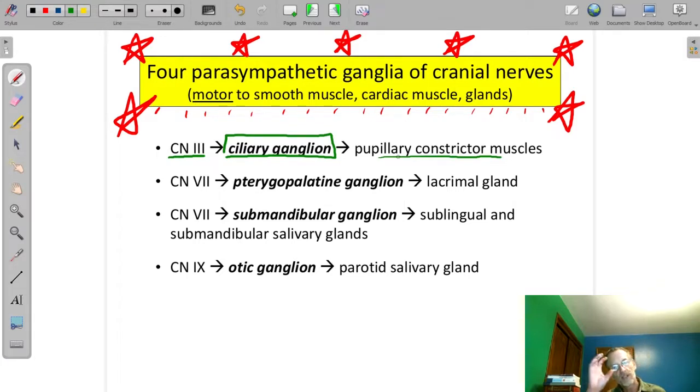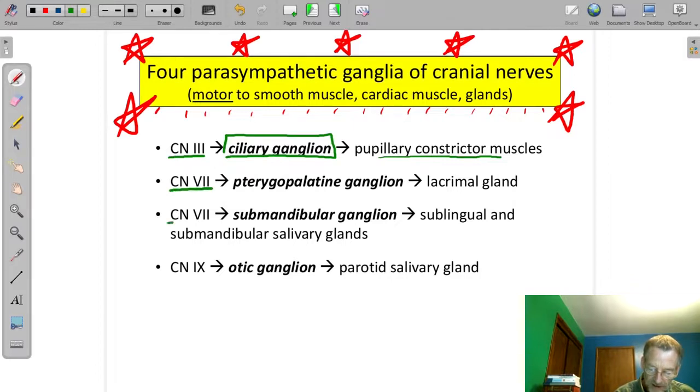So constriction of the pupil in exposure to bright light is the result of the parasympathetic pathways going to those smooth constrictor muscles.